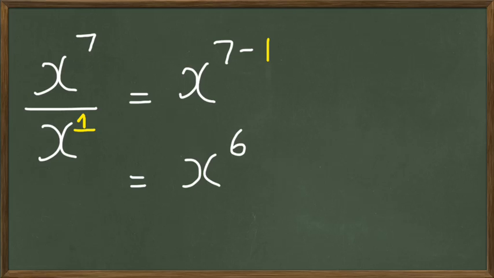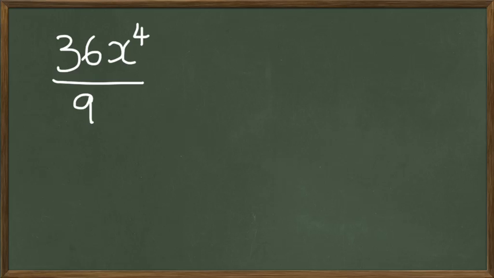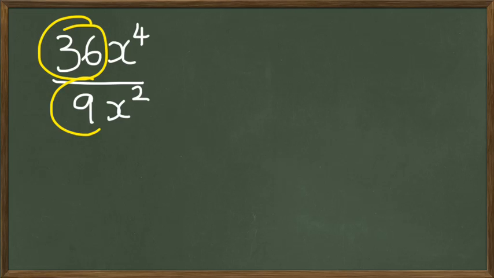Okay. What happens when you get numbers in front of these variables? So, for example, if you have something like 36x to the power of 4 divided by 9x squared. Now the first thing you really should notice is these two numbers here, there's got to be some sort of relationship.